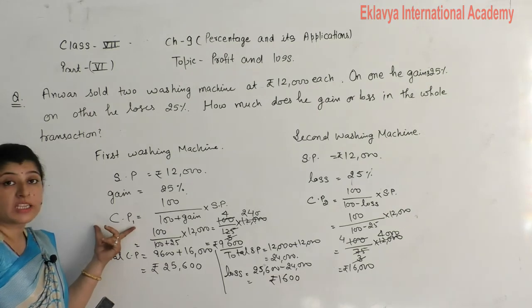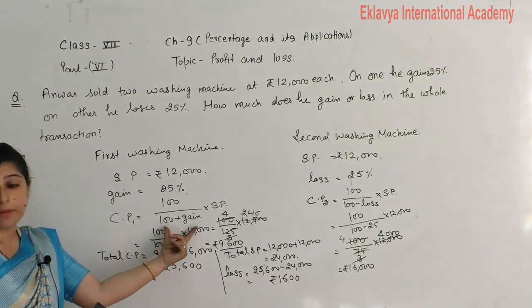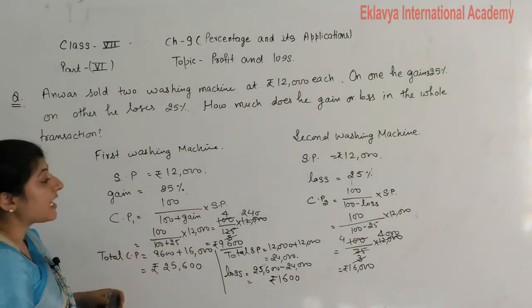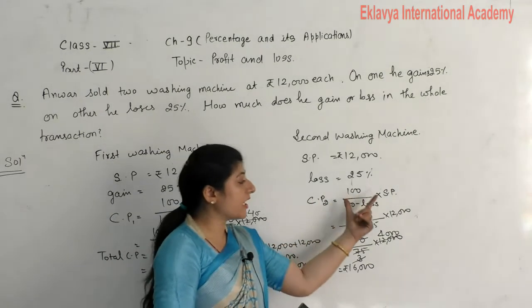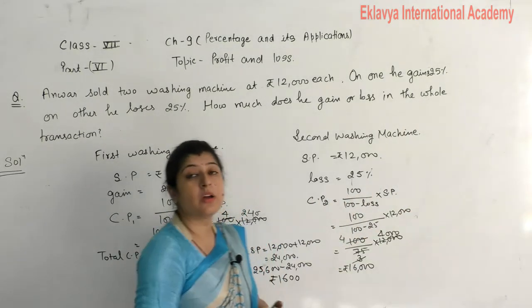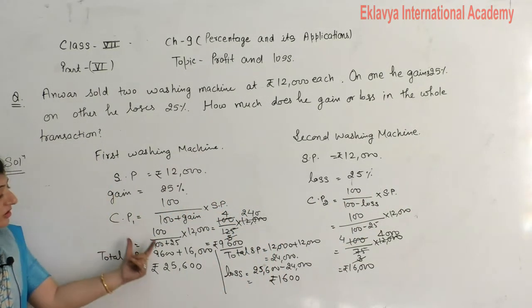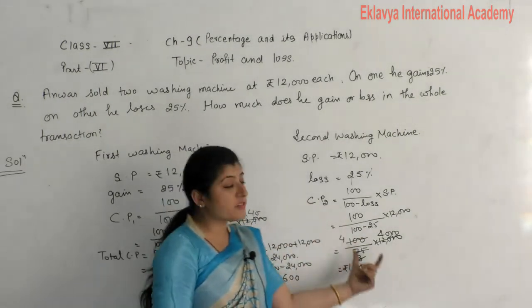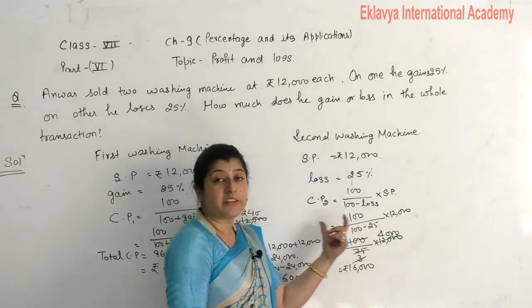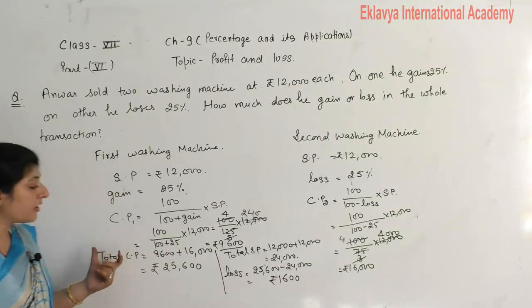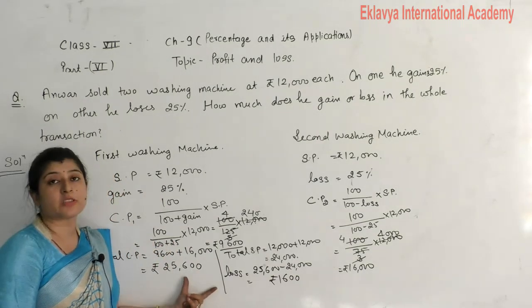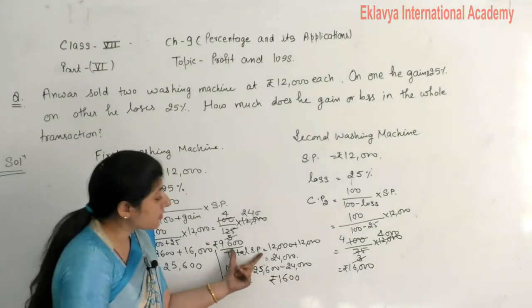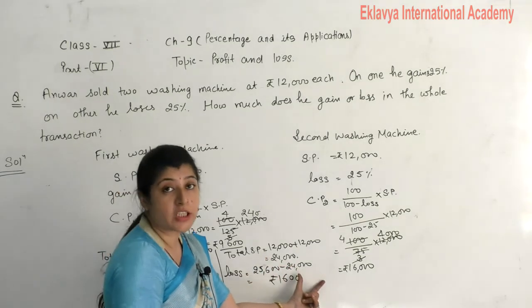Cost price formula is 100 upon 100 plus gain multiplied by SP, and for loss 100 upon 100 minus loss multiplied by SP. Then we find out the cost price of the first and second washing machines. Then cost price of whole transaction is 25,600, and selling price of whole transaction is 24,000.